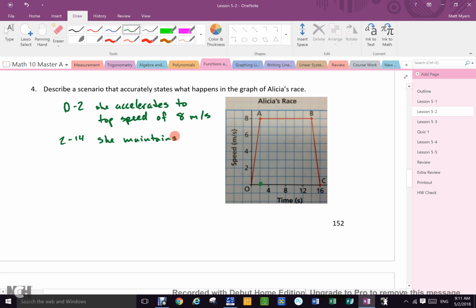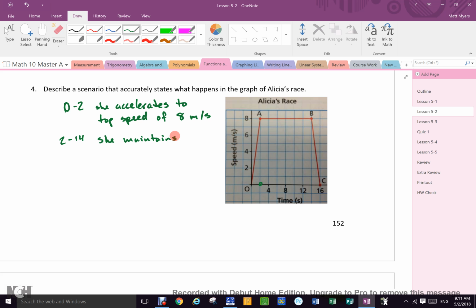Now, why is Michael saying velocity and some other people are saying speed? Does anybody know? Velocity is a vector. Velocity has a direction. Speed is a scalar. It doesn't. So if I'm driving down the road, I'm going 80 kilometers an hour.